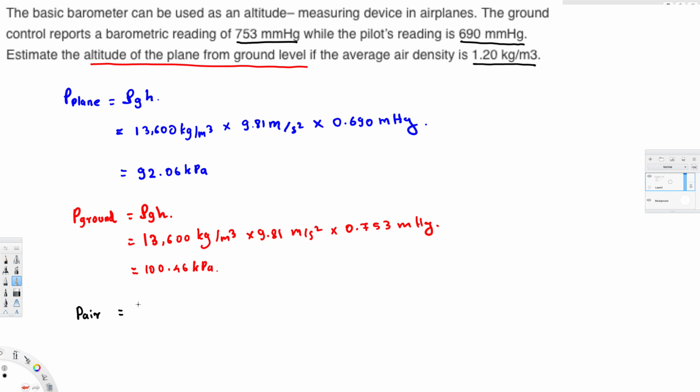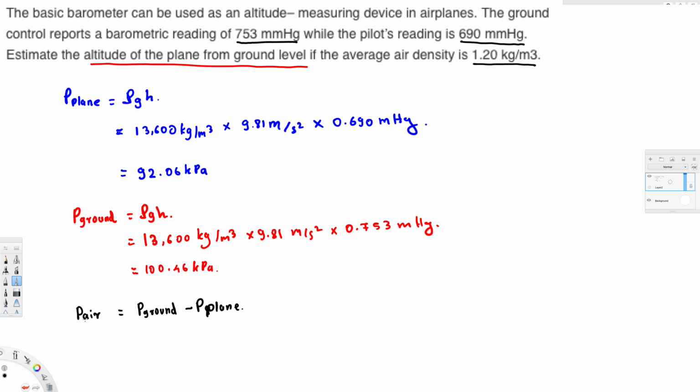If I subtract P ground minus P plane, that's going to give us the pressure of the air. The pressure of the air changes as the height increases. As the height increases, basically the density decreases and pressure also decreases. That's the relationship between the pressure and the height. So that's why the pressure is changing, right?